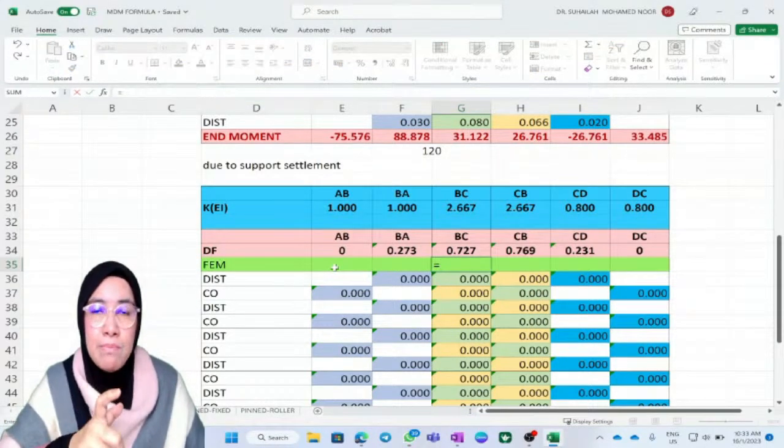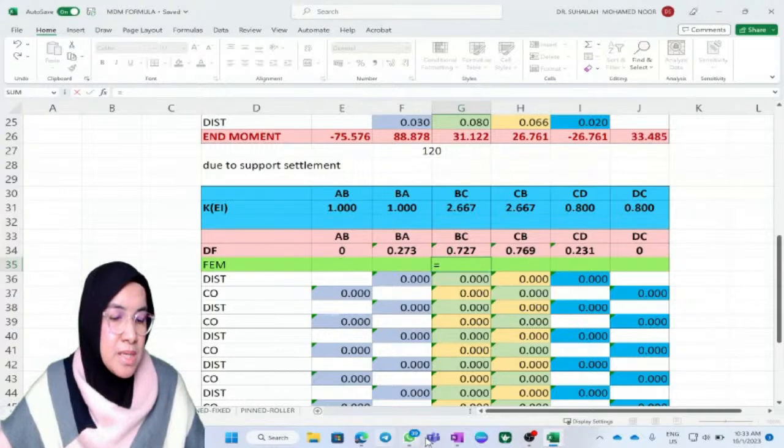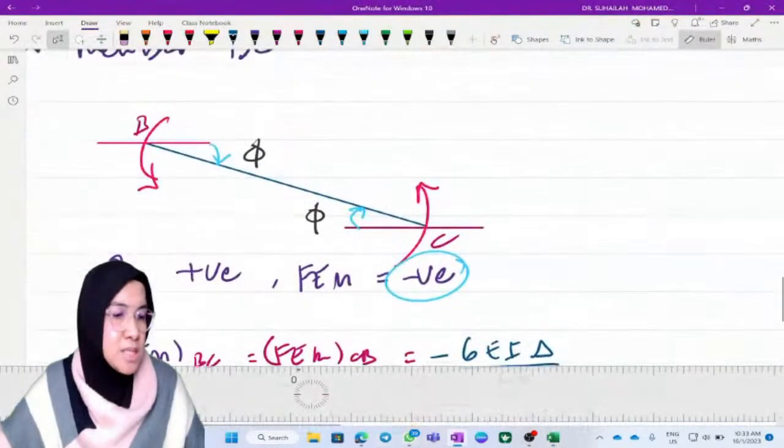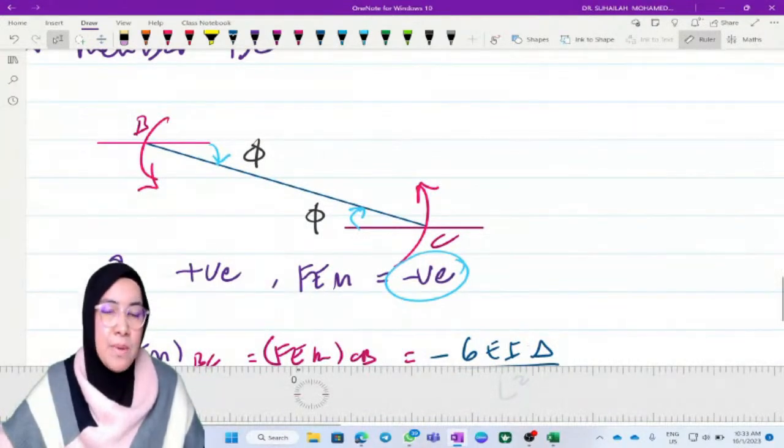Okay, for member BC, refer back to this member. So FEM is negative.